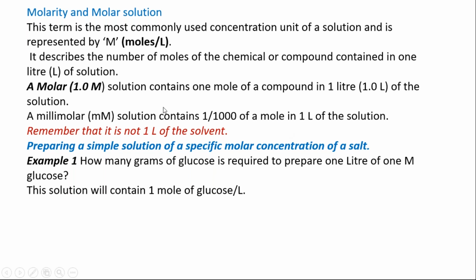So a 1 molar solution contains 1 mole of the chemical in 1 liter of the solution. A 1 millimolar solution contains 1 millimole, or 1/1,000 of the molar solution, in 1 liter. Please remember here that it is in 1 liter of the solution, and it is not in 1 liter of the solvent.